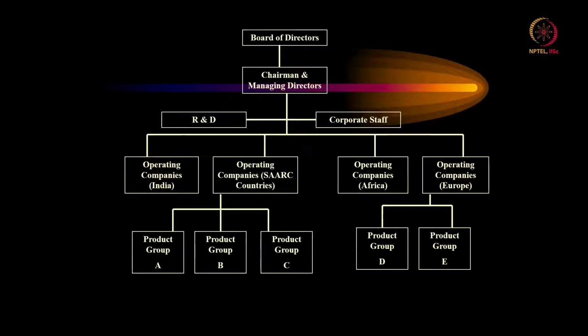This MNC can be looked at as under different geographical heads. So, you have the board of directors, typical of the IT companies, the chairman and managing directors. What do you mean? Chairman may be one, managing directors may be quite a few. So, you have the R&D and the corporate staff reporting.